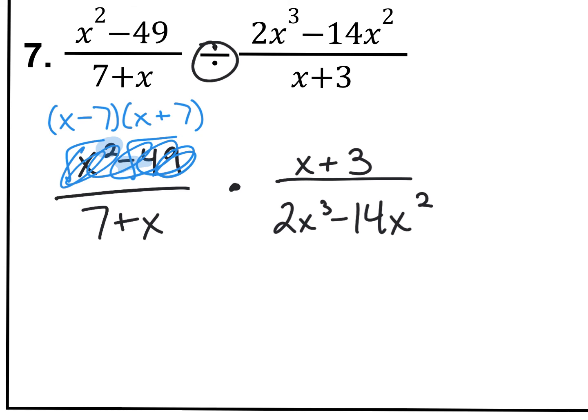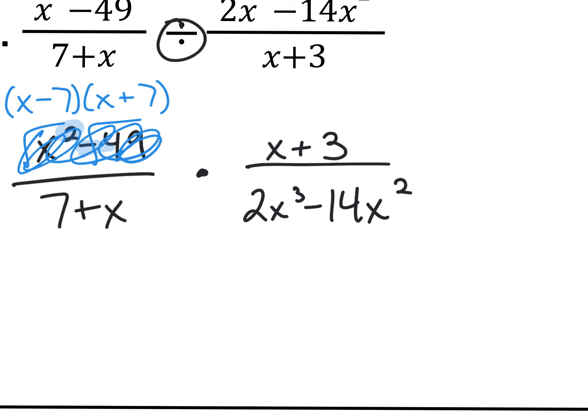Okay. X plus 3, my second numerator. Can I do anything with that? No. Okay, first denominator, 7 plus x. Can I do anything with that? Nope. And then lastly, 2x to the third minus 14x squared. I can't leave it like that. Start by checking for a greatest common factor. So, 2. I agree with the 2.